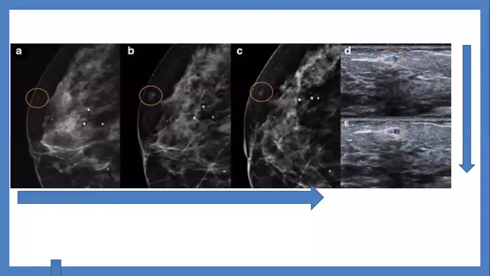Also, I think there is associated architectural distortion, more prominent in mammogram B.